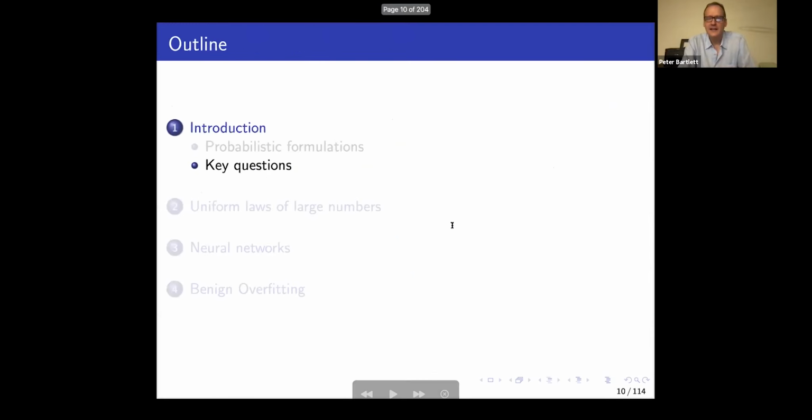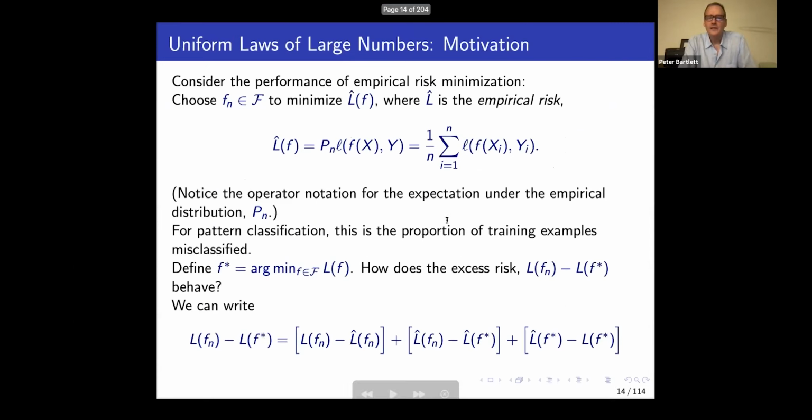L hat of F is the empirical loss, so the sample average over the training sample. The hats here denote something that depends on the sample. It's the empirical proxy for the expectation of the loss.